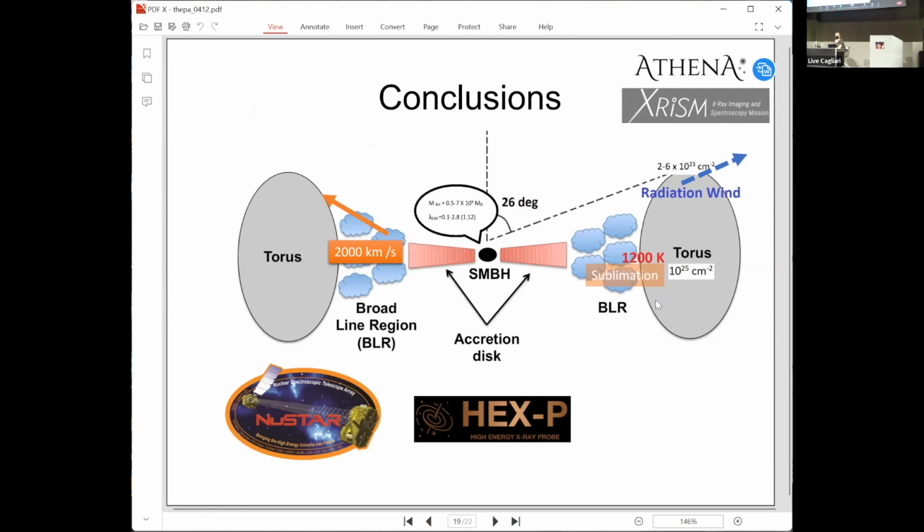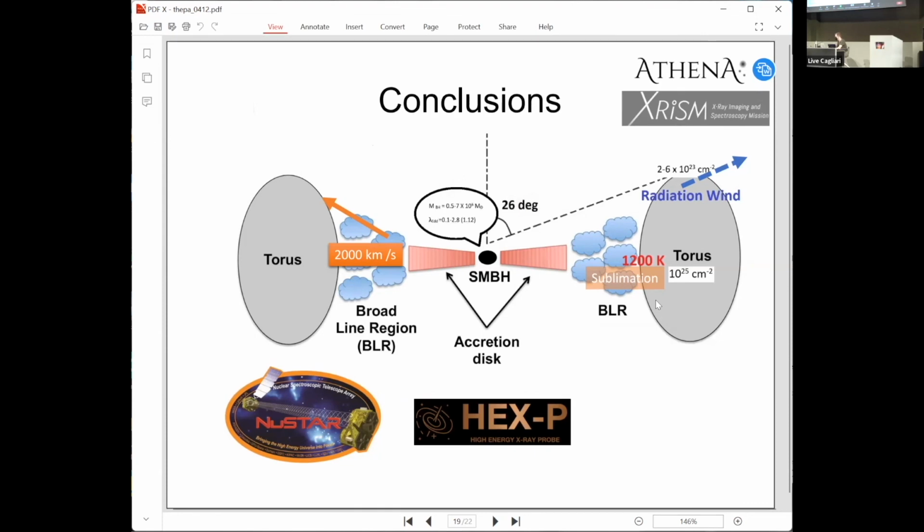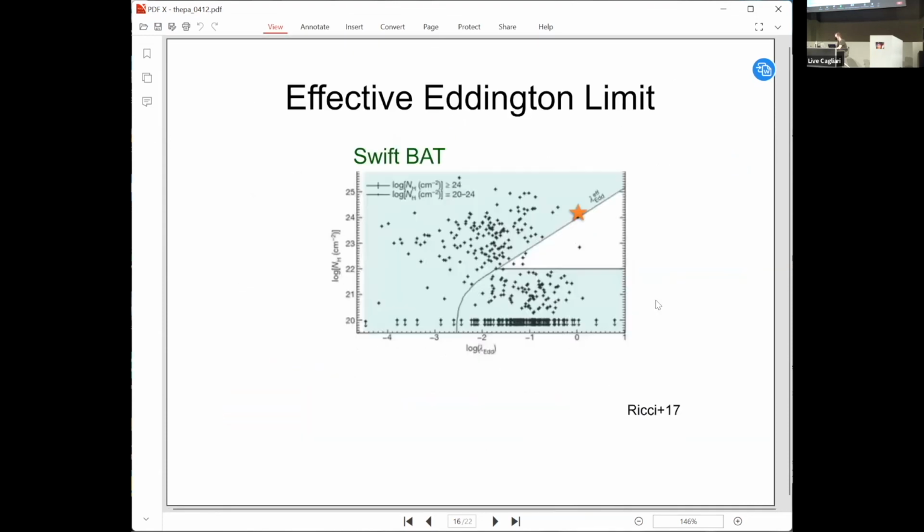Do we know anything about the host galaxy? You showed it's quite close to the blowout region on the effective Eddington limit diagram, so I was wondering how much of the obscuration could be dominated by the host galaxy, for instance? I actually don't know too much about the host galaxy. But I guess the emission is probably completely dominated by the AGN, because the optical spectrum is very dominant.